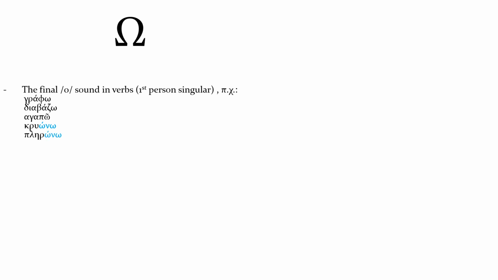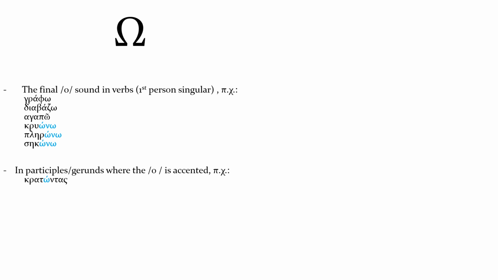And then all of your -ono verbs like kriono, I am cold, and plirono, I pay, sikono, I raise. Well, look how many omegas you have there. So whenever you have an -ono verb, and there are a lot of them, just remember to use the omega.